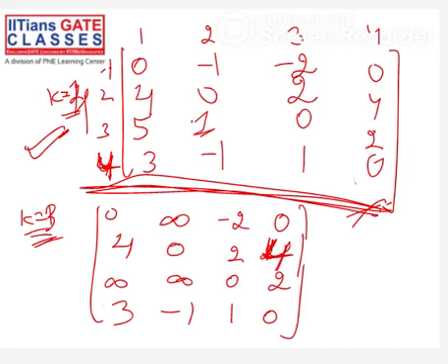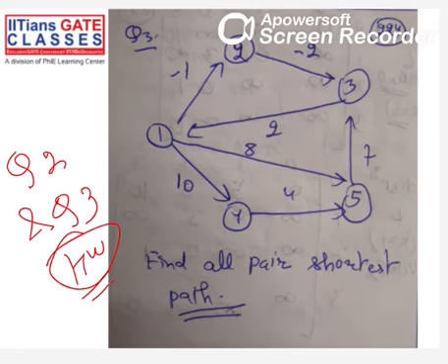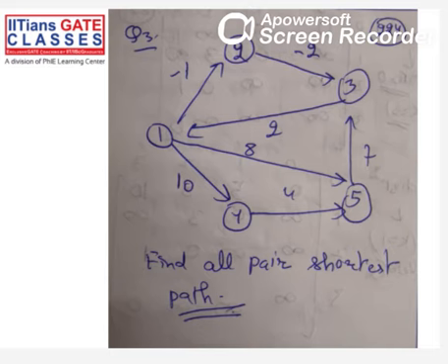So I think, although I gave you question number 3 as homework, can you try question number 3 right now? See, this has a negative edge weight cycle. Can you just try this now? Everyone, please try question number 3. Try this one.